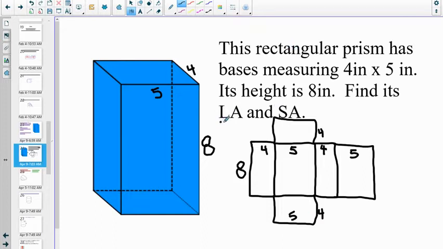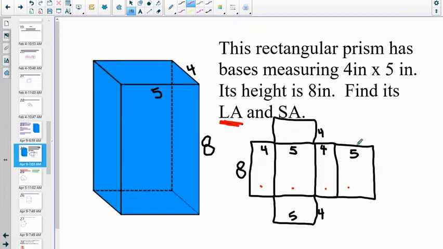Now, when I say find the lateral area, maybe I'll do this in red. The lateral area, that'll be this one plus this one plus this one plus this one, all 4 of these sides. And you could do 4 times 8, 5 times 8, 4 times 8, and 5 times 8 and add all 4 of those together.